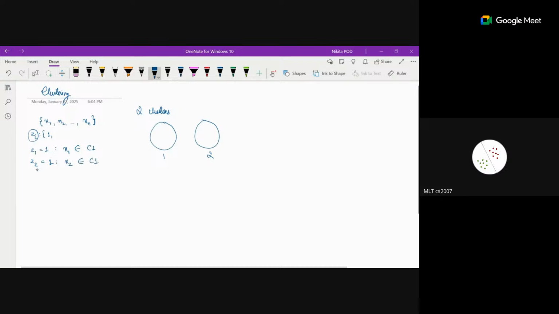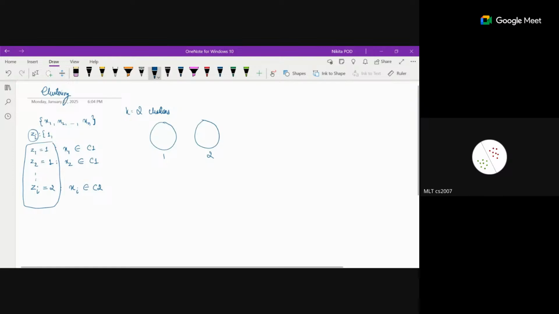Similarly, say Zi equal to 2 means that my data point Xi belongs to cluster 2, right? This is what we can make sense of whenever you see something like this. We are trying to put our data set into a specific number of clusters, whatever we have decided, and here we looked at k equal to 2.